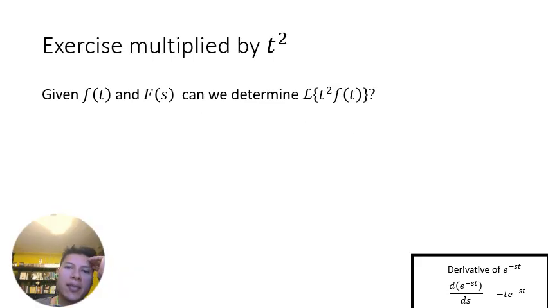All right, so given F of s, can we determine something multiplied by t squared?